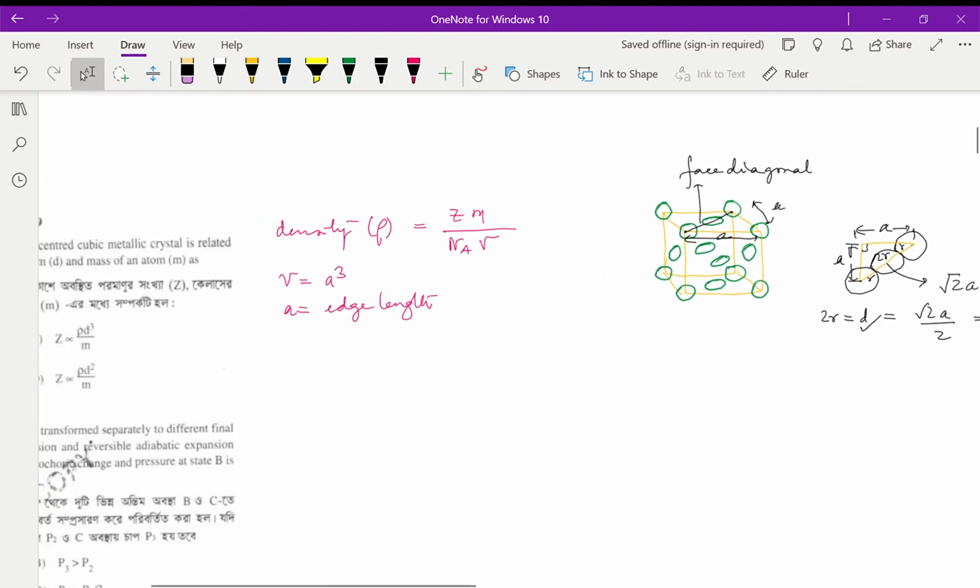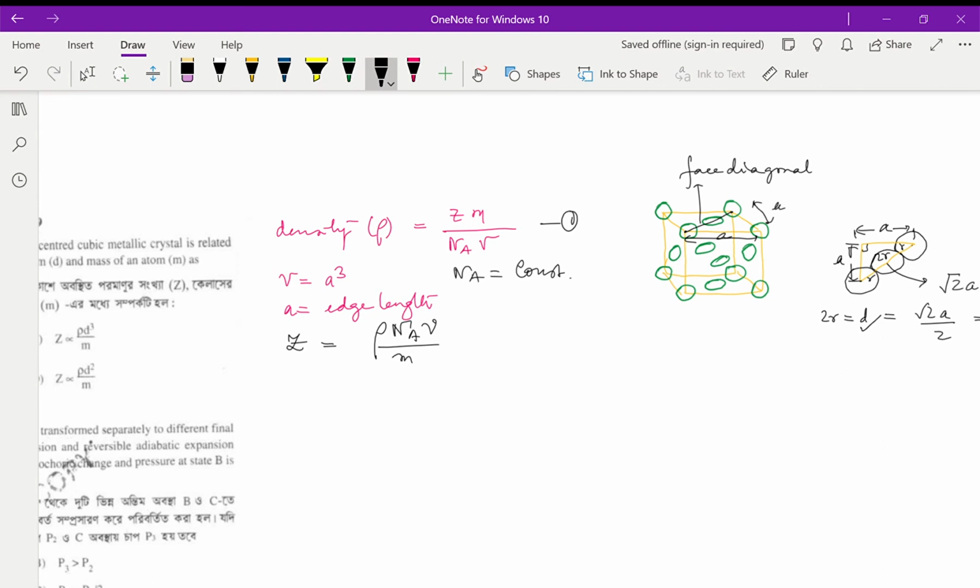Alright, now we are going to rearrange equation 1 out here and write it in terms of Z. Z is equal to what? We will say rho Na into V, where V is the volume, by M. Now out here we already know that Na is a constant because it is the Avogadro number.